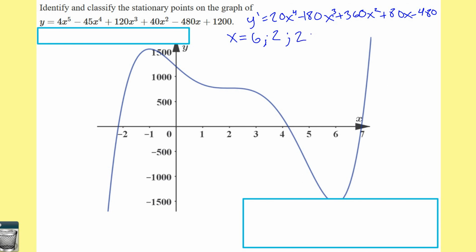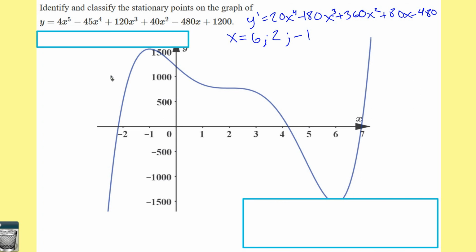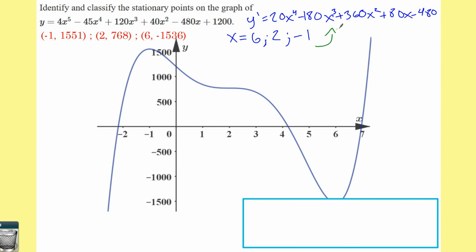But I don't need to put it twice, right? We've got one x value at 2 already, and we also have negative 1. Those are our x values, so plug those into your original equation to get your y values. Plugging those in, we get these as our points.